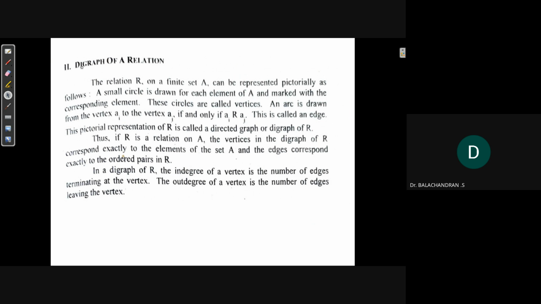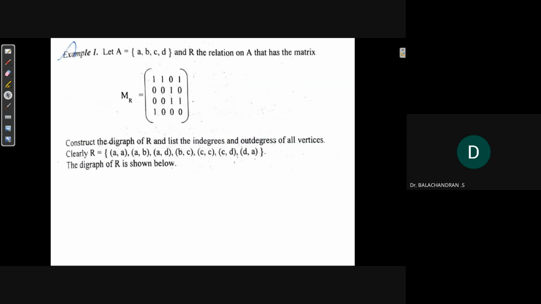Next idea is the digraph, or directed graph, of a relation. So this is the theory part. Using this theory, we are going to solve simple problems. I will explain the theory using the problem. Let A equal {A, B, C, D}, and R is a relation on A that has the matrix MR. They gave the relation also.